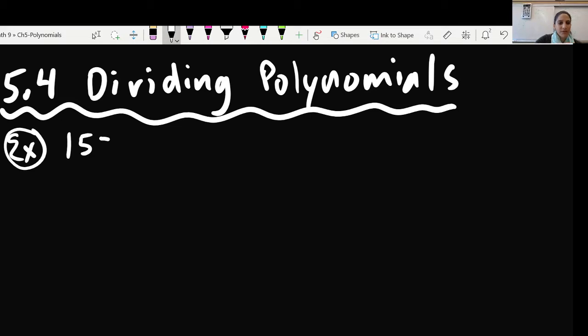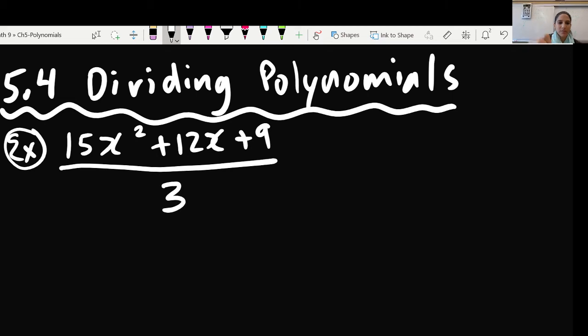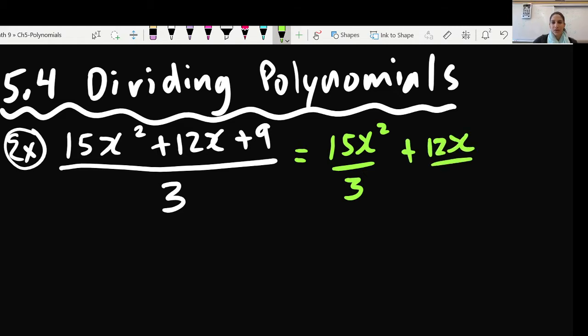Let's say we have 15x squared plus 12x plus 9, and the whole thing is being divided by 3. We want to simplify this. So the first thing I want to show you is that we are allowed to rewrite this as 15x squared over 3 plus 12x over 3 plus 9 over 3.